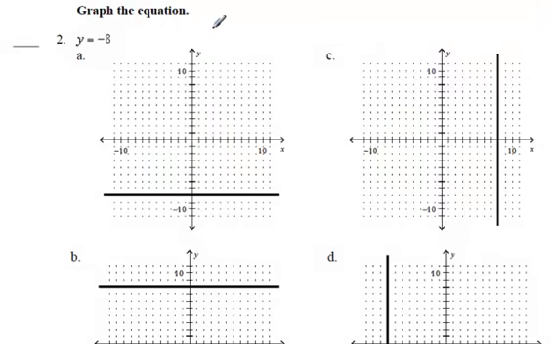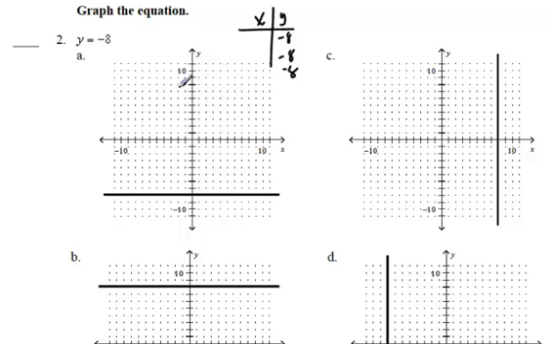Number 2, graph the equation. Well, this is a special equation. Remember, there is no x coordinate. So that means that y equals negative 8 would be that type of graph. Remember, I have negative 8, negative 8, negative 8. So in your notes, you have to remember what kind that was. If I have negative 8, that means every single point would be negative 8 for the y coordinate.